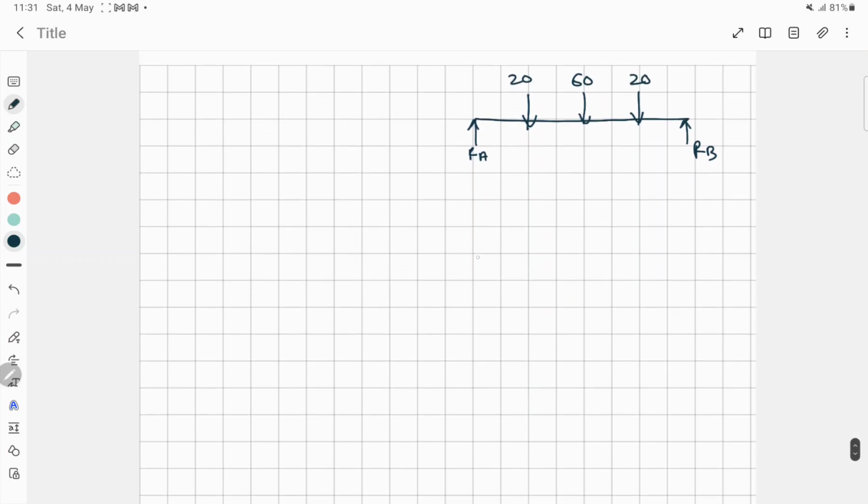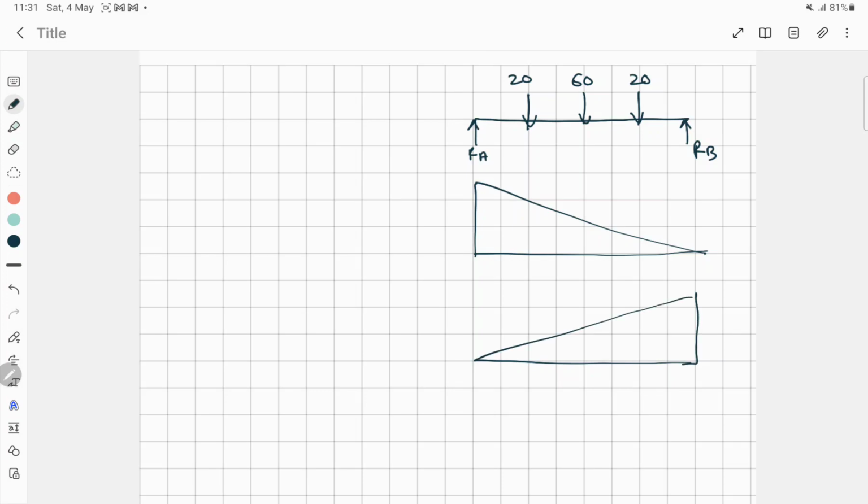And now the RA diagram was like this, right? This one was for AB. So the IL for the RA diagram is like this, and the IL diagram for RB is like this.